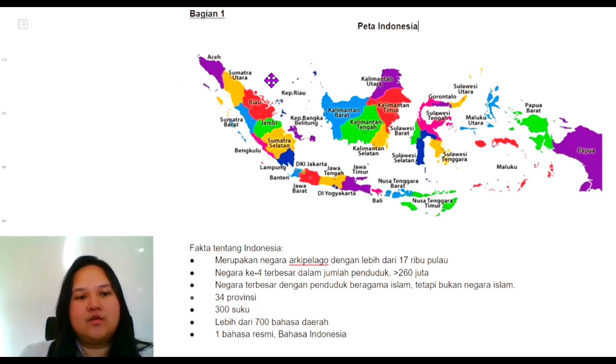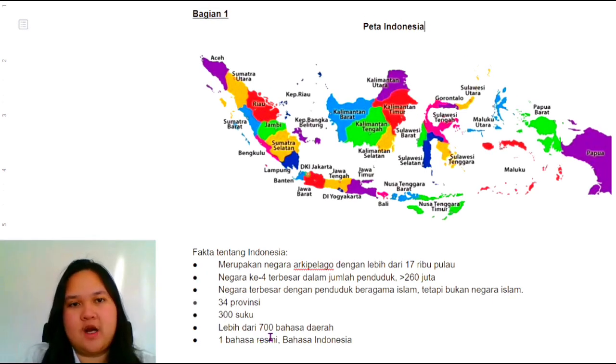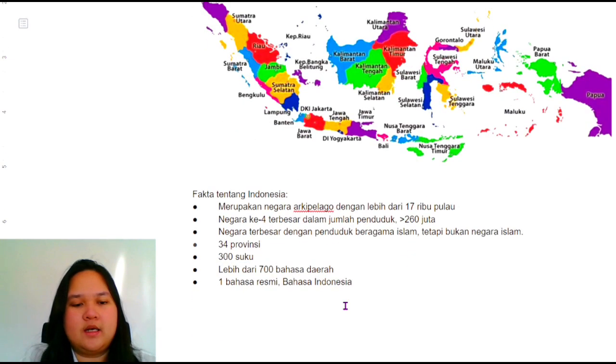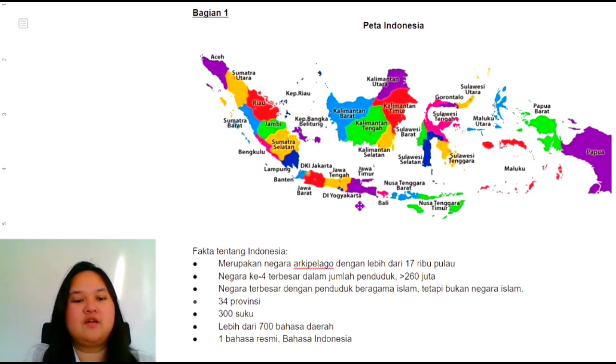These ethnic groups are spread from the west to the east, and there are more than 700 local languages. We have one official language called Bahasa Indonesia, which means Indonesian language. Bahasa itself means language. So Bahasa Indonesia is the Indonesian language.